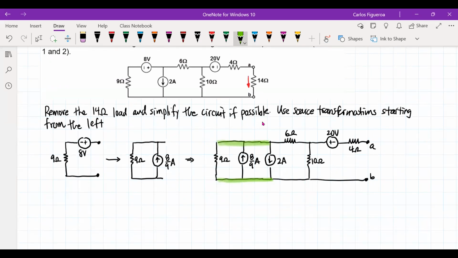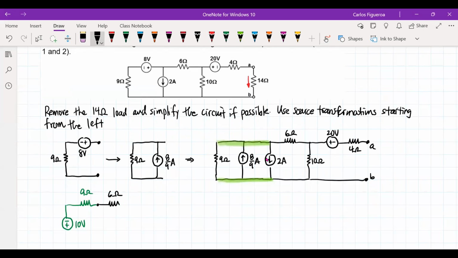Then I have to add these two current sources together. Note that the effective current source is going to be going down. If I do that source transformation, I now have a voltage source pointing down, and it turns out to be 10 volts. Then I have my 9, and then I have my 6 here.